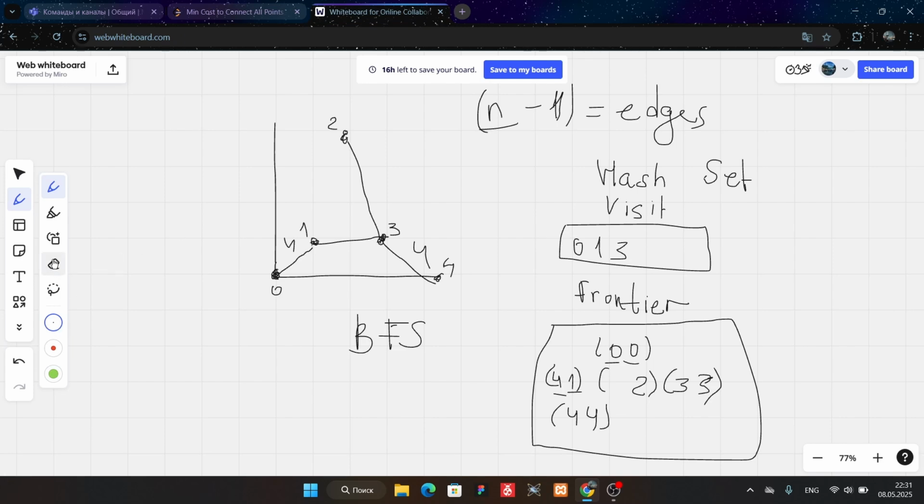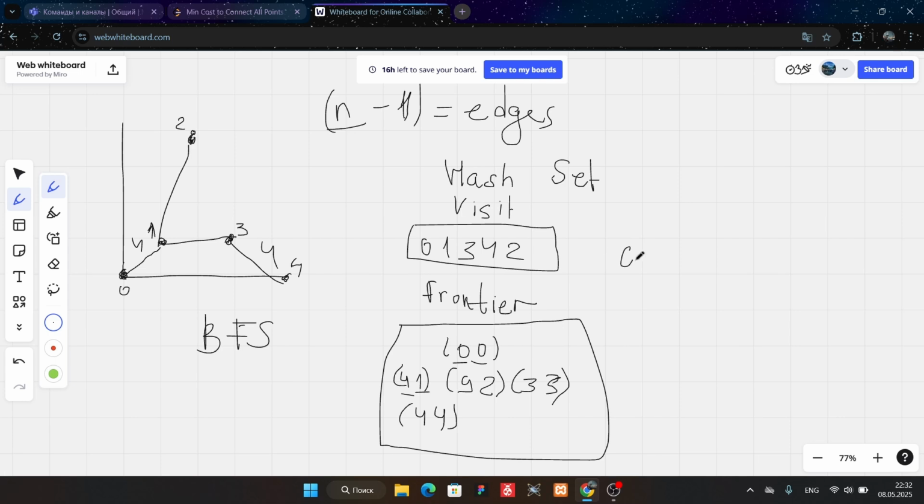Then we find the second node, calculating which is the least. Of course it's this one, because it's next to 1. We note that the 4th node is visited, and the last one is the second, which we note is visited, and the cost of this is 9.